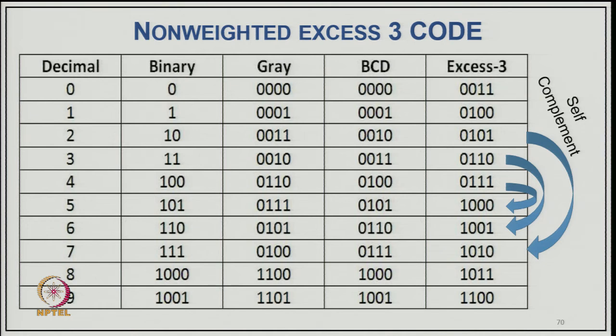So, you can have the decimal number, the binary, the gray, the BCD, and then the excess-3 code, where you are adding 3. So, in BCD code if you add 3, that will become your excess-3 code, as we discussed.